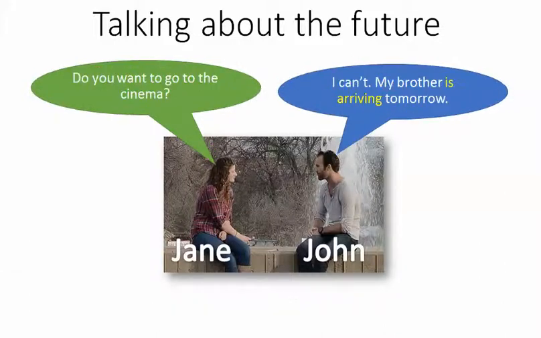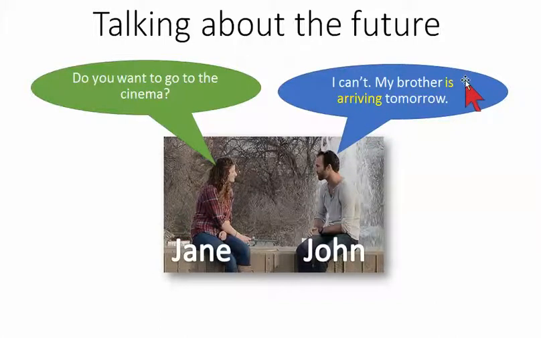What about another sentence from Jane and John? This time John is replying that his brother is arriving tomorrow. Now why is he choosing to use the present continuous?